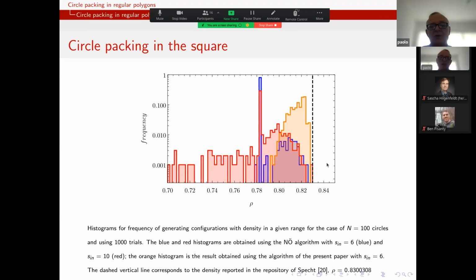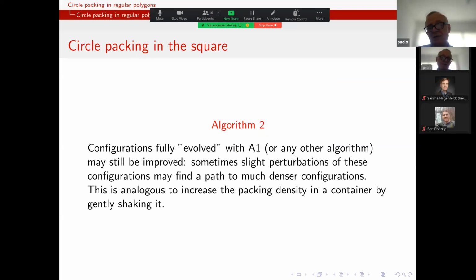So the original algorithm can produce dense configurations, but typically it may fail to produce the very largest density. The orange one, which corresponds to this modification with border repulsion, does help in this case to produce a denser configuration. This is the one algorithm.